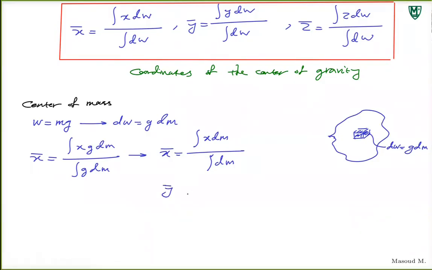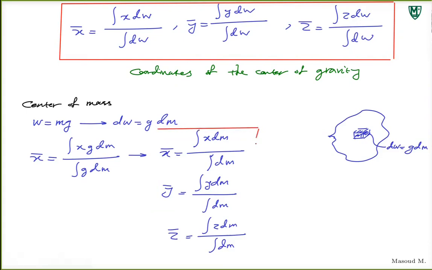So y bar is equal to integral y dm over integral dm, and z bar becomes integral z dm over integral dm. All right, so these are going to be your coordinates of the center of mass.